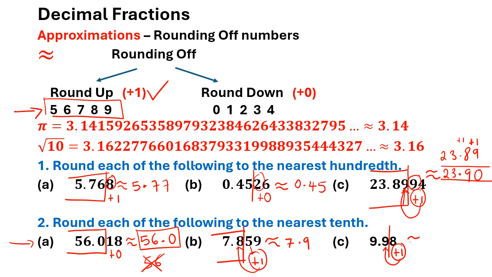So it will be 9.9, and you're going to add 1 to 0.9. So when we do this, we get 10 point, then we'll move that 1 over, and that will be 10.0.